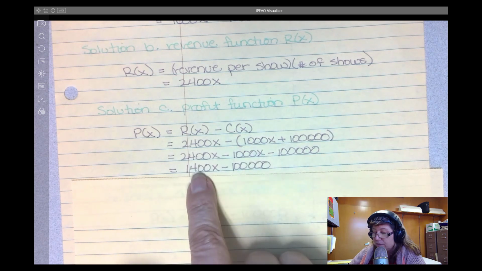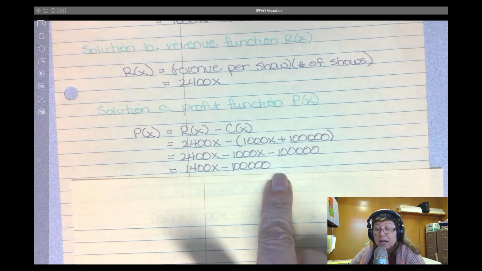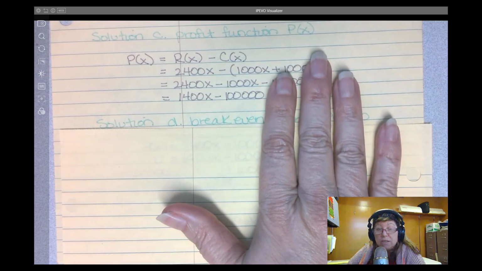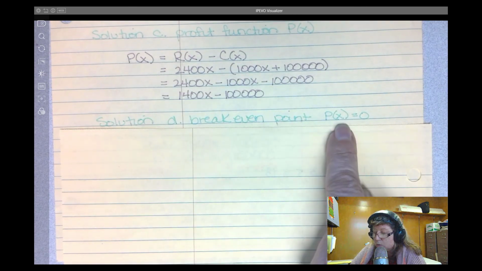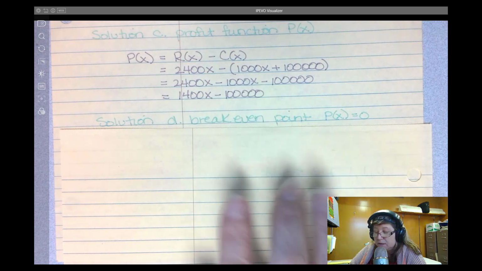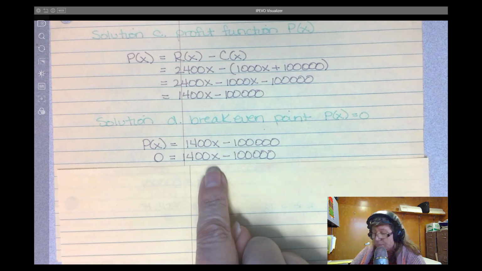Combining my X's, I get 1,400X minus 100,000. Now this is where we're going to find our break even. Our break even is when this P of X equals 0. And therefore, I'm going to set this function up to equal 0 and solve for x.